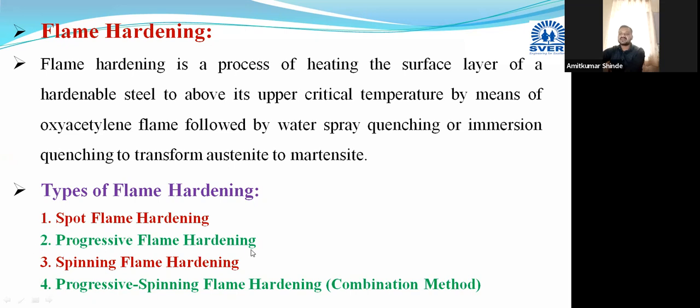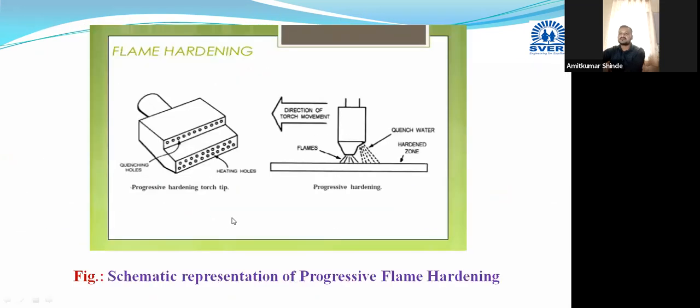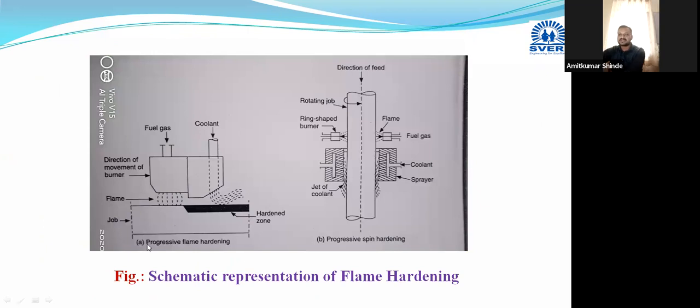Then progressive flame hardening. Here we can see, in progressive flame hardening, your job or workpiece is stationary or fixed, and there is one arrangement which contains the oxyacetylene flame and the cooling medium or coolant, and it is moved. Initially we are doing the heating, and simultaneously we are doing the cooling also.